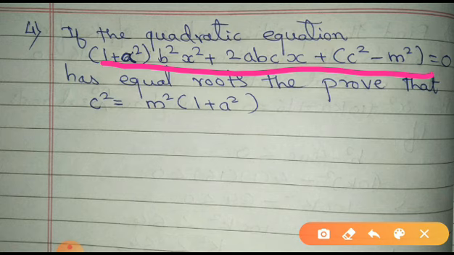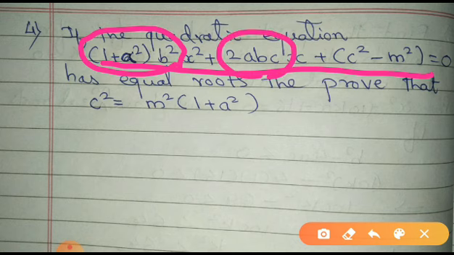So in order to find the value of b² − 4ac, just see what the coefficients of x², x and the constant term are. The coefficient of x² is (1 + a²)b², so the value of a we have got. The value of b will be 2abc, and the constant c will be c² − m².